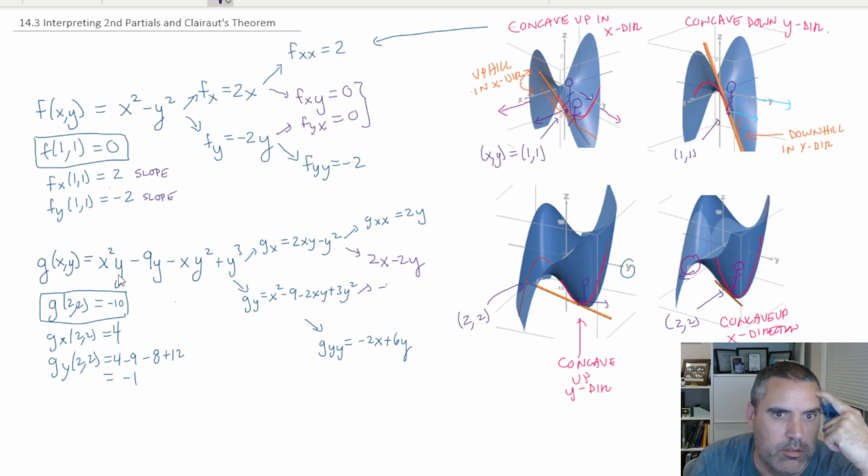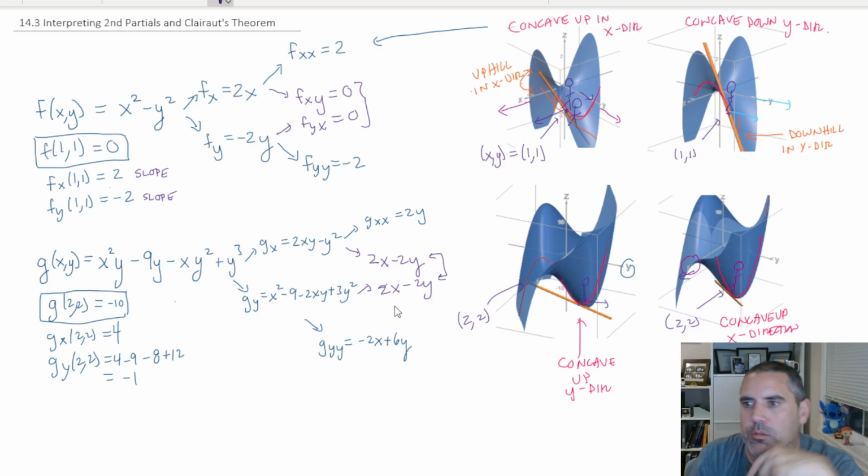Okay. And then with respect to y was x squared. Oh, I'm doing with respect to x. So this with respect to x is 2x, good, minus 2y. They're the same. This is Clairaut's theorem, that those are always the same. In this case, let's see if we can plug in our number 2, 2. Oh, it's 0. So at that moment, it seems that that's 0.